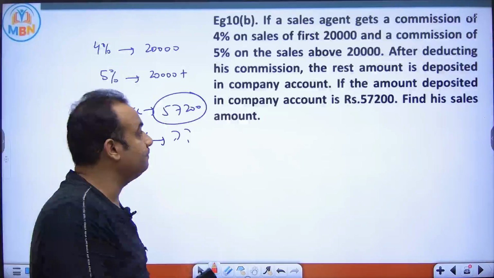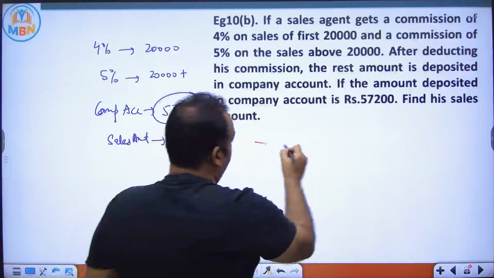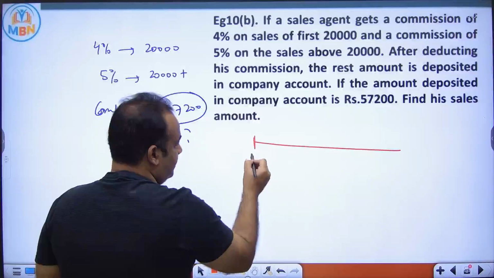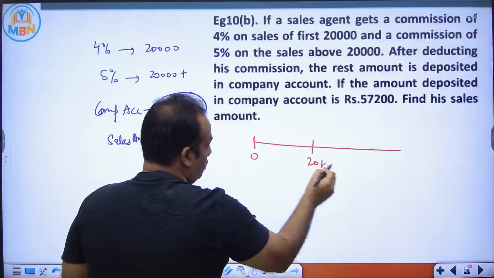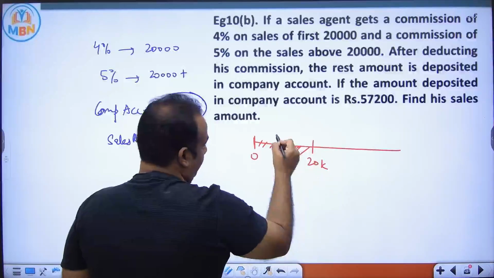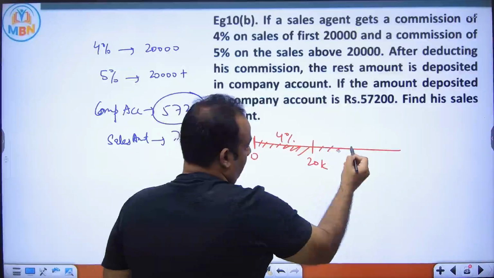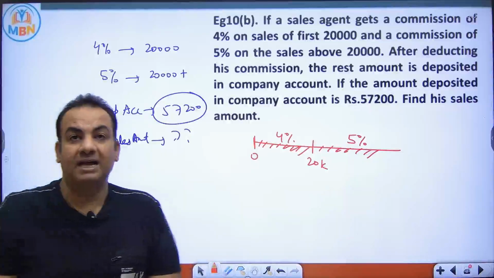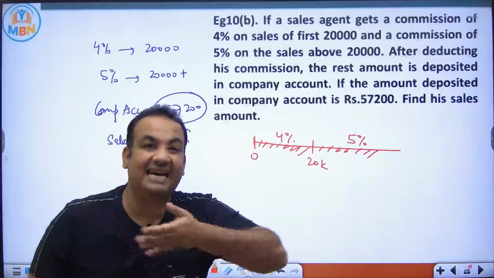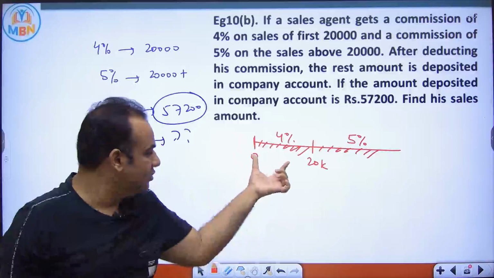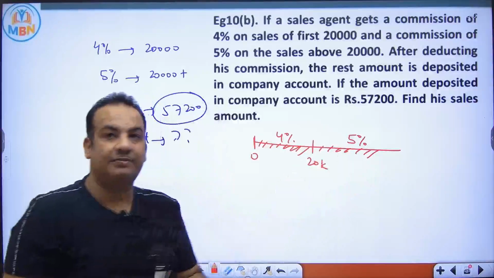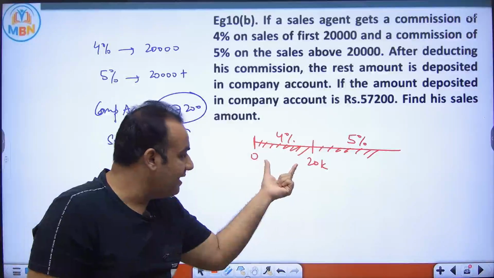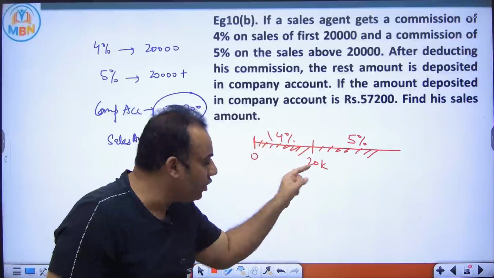Okay, now see this. This is 0, this is 20,000. On the first 20,000, the commission is 4%, and after 20,000, the commission is 5%. Now, let's assume the commission was entirely 5%. Here also he gets 5%, here also he gets 5%. If he gets 5% here, it means he is getting 1% more on 20,000.